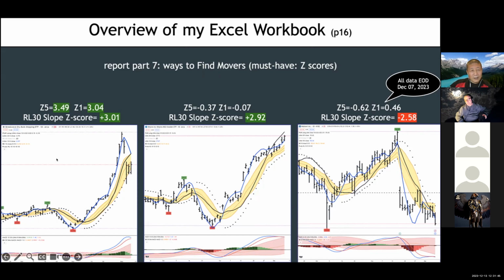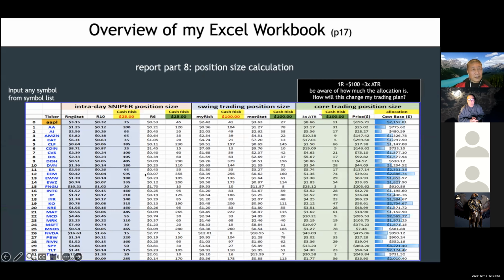This is the MACD and the Red River. This table is just for convenience; I can calculate anything from R10 to R6 and then the HERs.